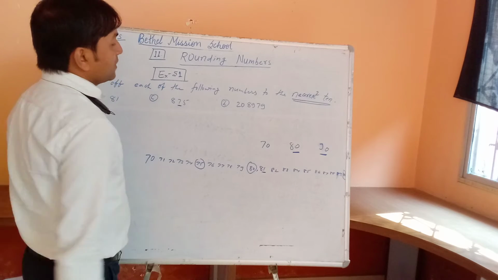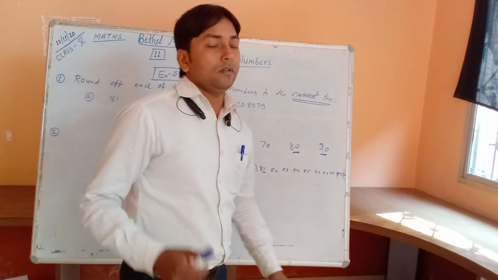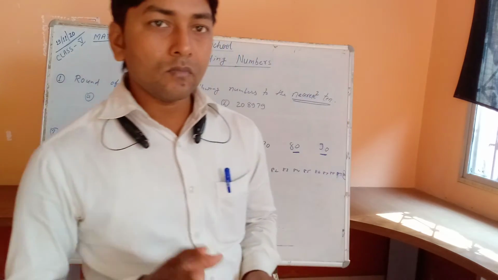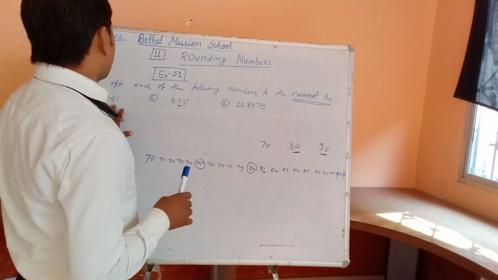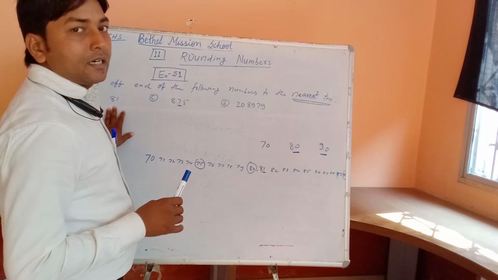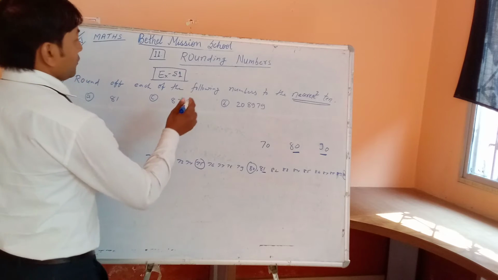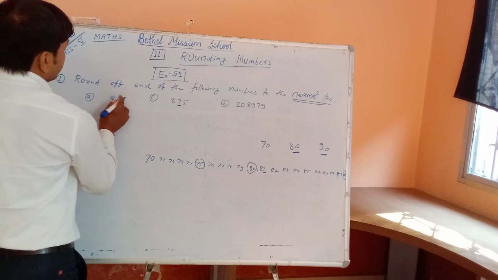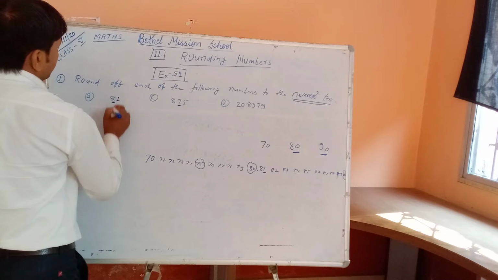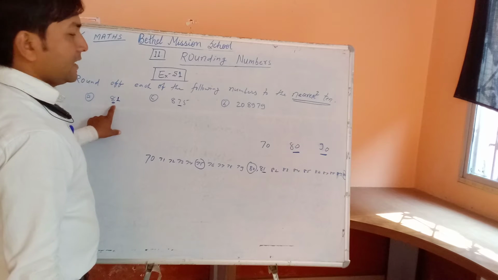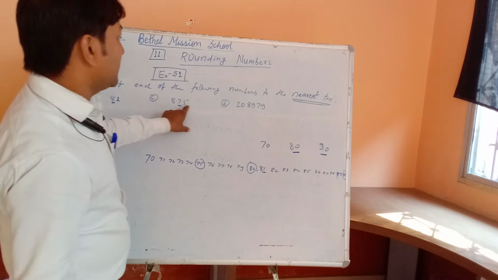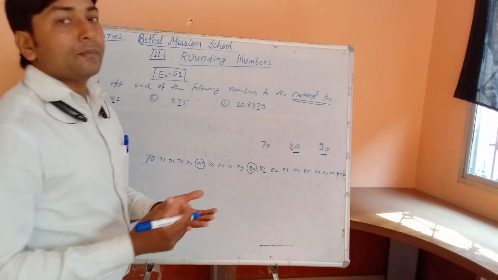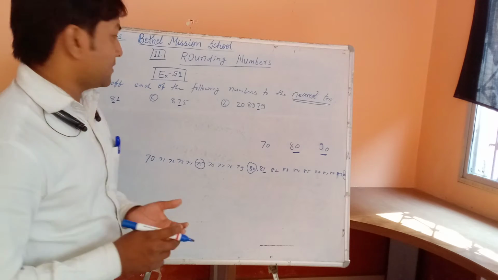So in that situation we have to remember one thing: if the nearest 10 is given, first find out the tens place. Tens place is 8, tens place is 7, tens place is 7 here also. So you have to look at the ones place.